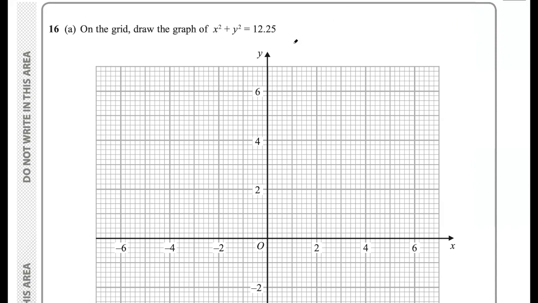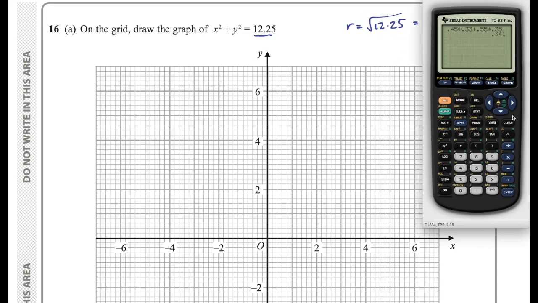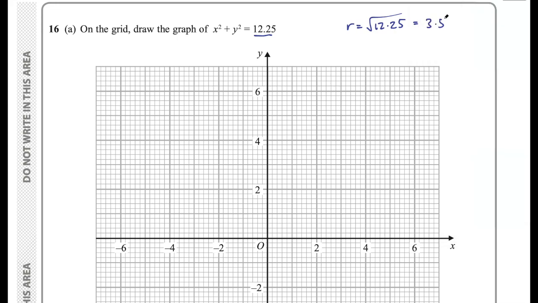That is also an equation that can look like a circle, but you can also just have x squared plus y squared. Once you recognize this as a circle, you also need to know how to find the radius. The radius is the square root of this number. So r equals the square root of 12.25. Maybe you know that, but of course we can just go to our calculator, and we get 3.5 for our radius.